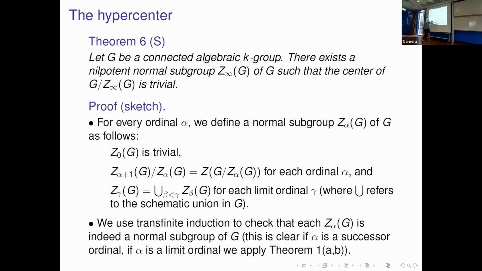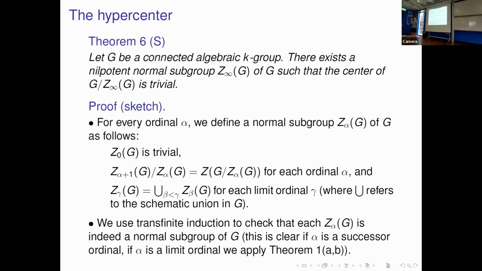This is a difference from the usual group theoretic construction, in which the existence is quite easy, but here you need this big technical theorem to even show that this makes sense. So what we have is an upper central series of G.